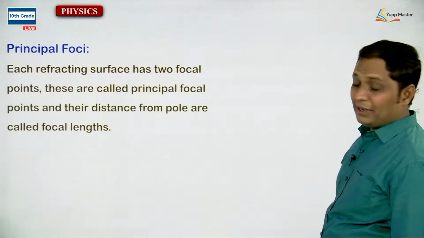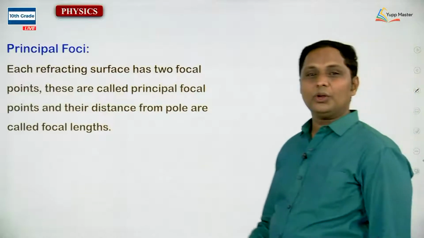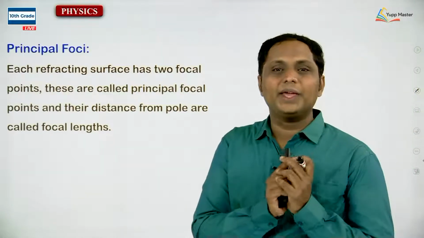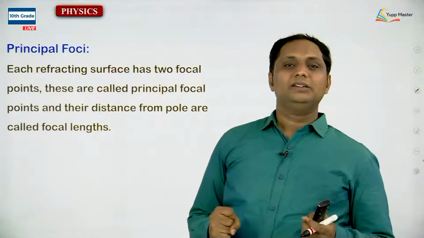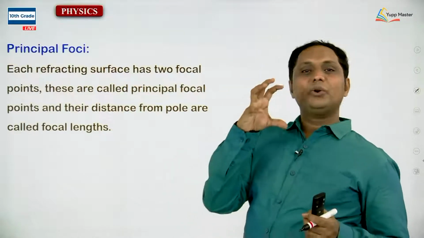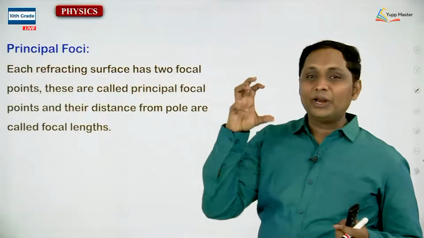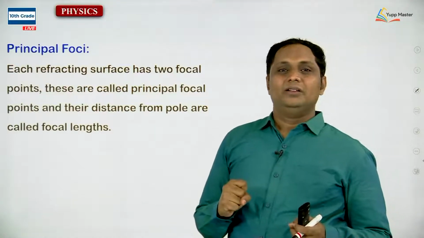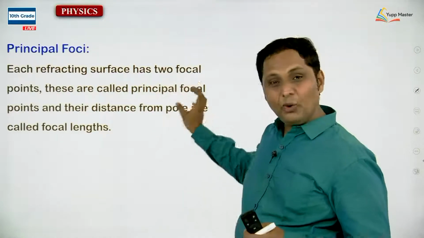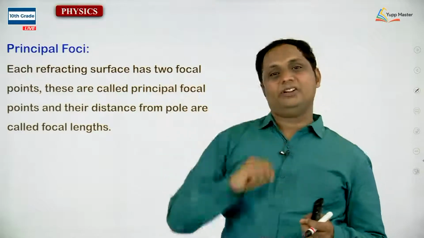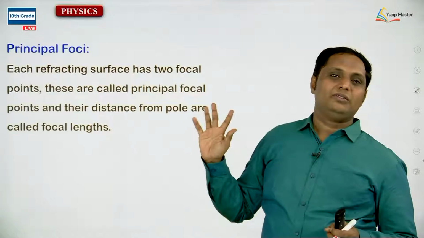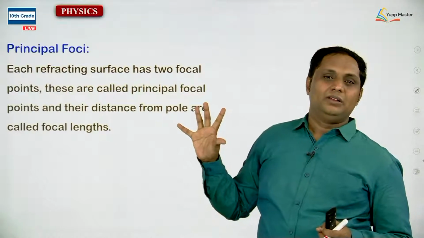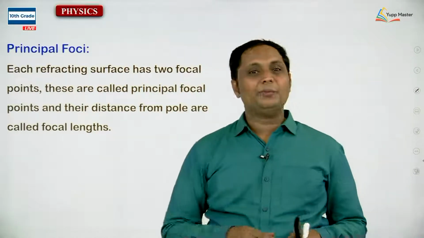Here, principal foci. If you are talking about the principal foci, you have to identify that the light rays are going to meet at one point. They are all going to meet at one point, that is converging. The light rays are going to diverge, they are about to meet at one point.